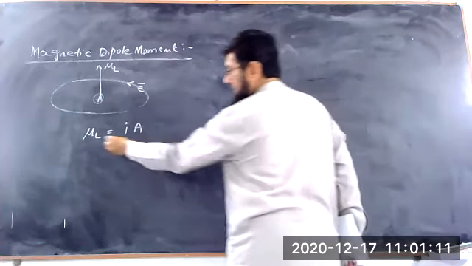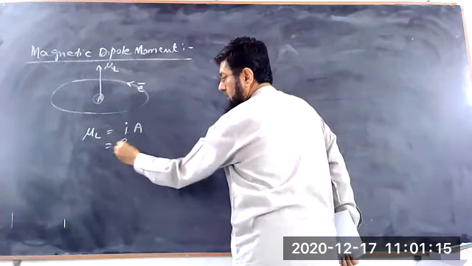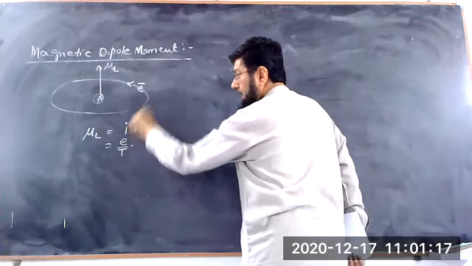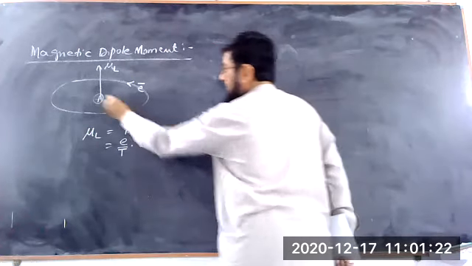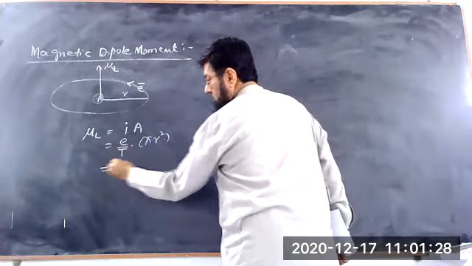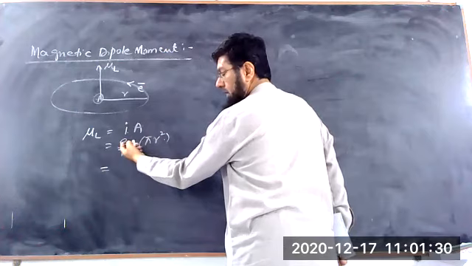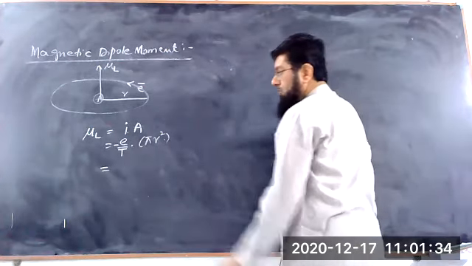We have seen that the current is equal to the flow of charge per unit time, and the area of this loop is equal to pi r squared, where r is its radius. Here T is the time period, and the negative sign indicates the motion of the electron.